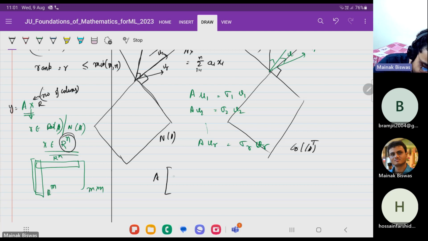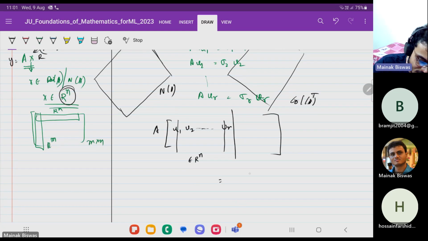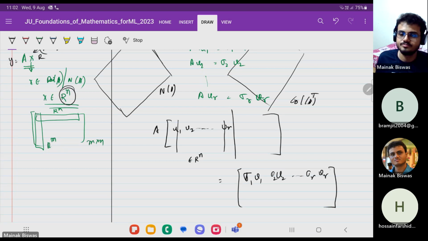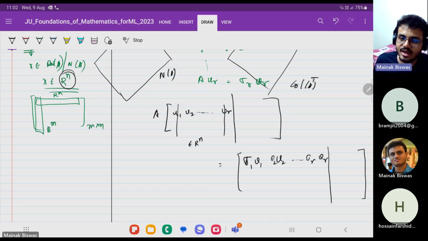See, if I stack the U1s, so U1, U2, to UR, which are all n-dimensional, right? I'll append these later. So can I do something like sigma 1 V1, sigma 2 V2, and sigma R VR? Yes or no? Right? I'll append this a bit later. The same way as we had described for an eigenvalue decomposition.